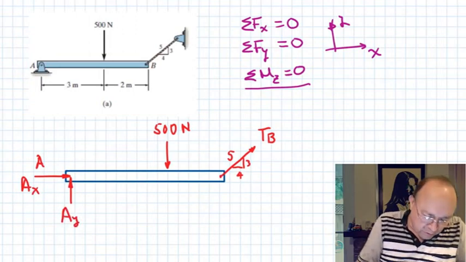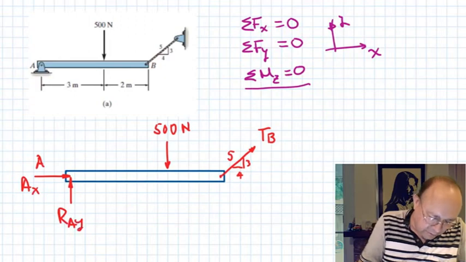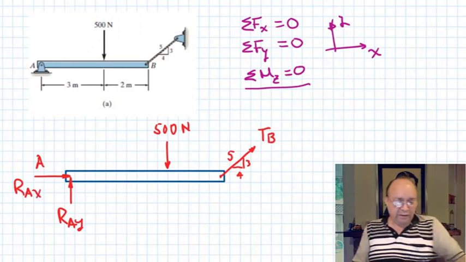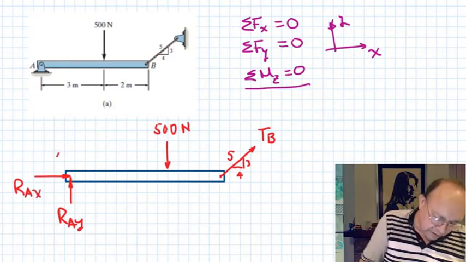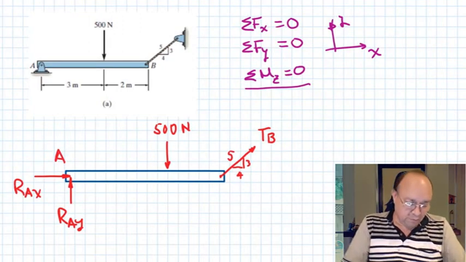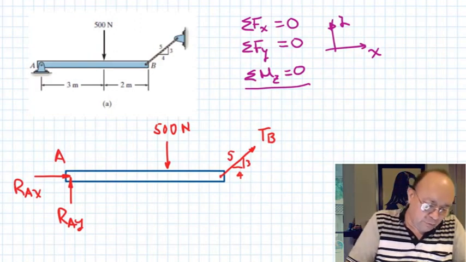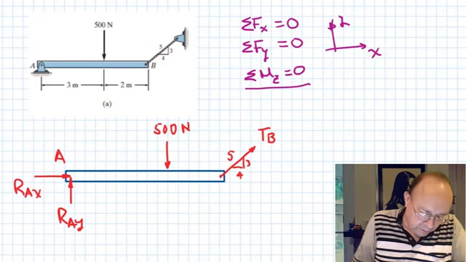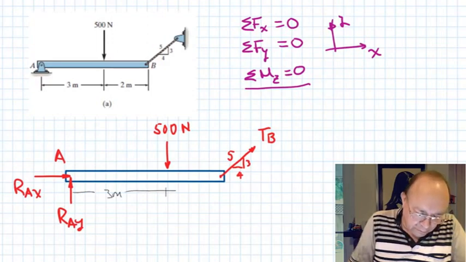Or we could also call it reaction at A in the y direction and reaction at A in the x direction. Any of those names is good. The idea is that you have to put a name that means something with respect to your problem at hand. Then we should put here the dimensions, because they are going to be useful in order to calculate moments. So 3 meters here, 2 meters here.